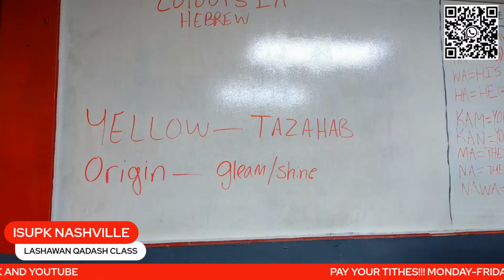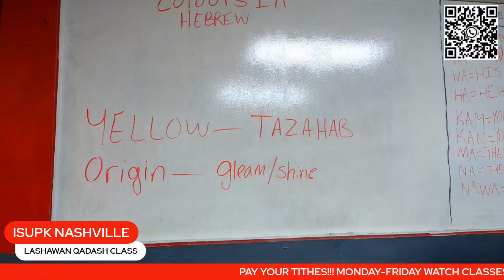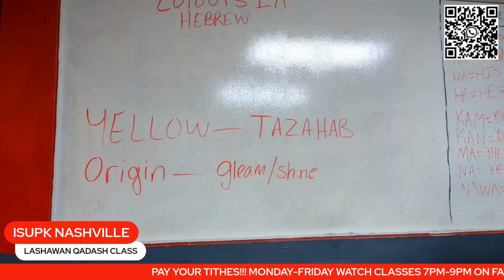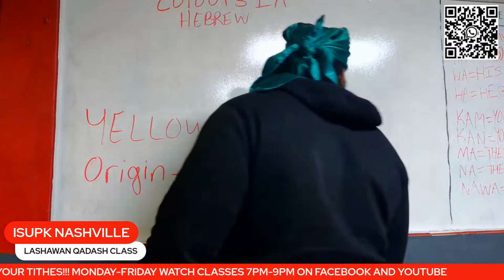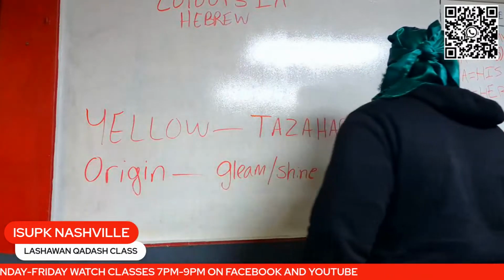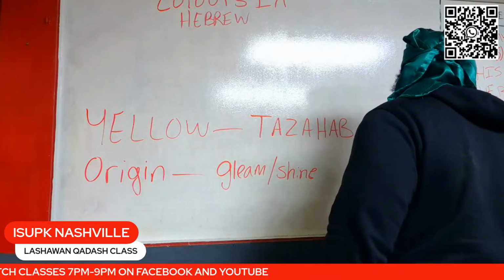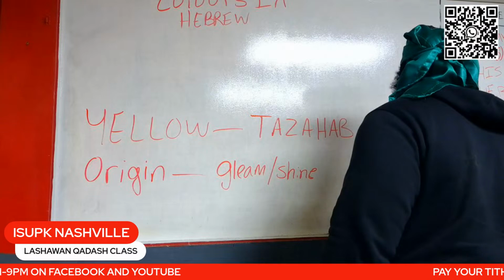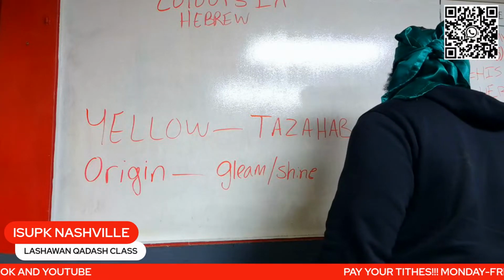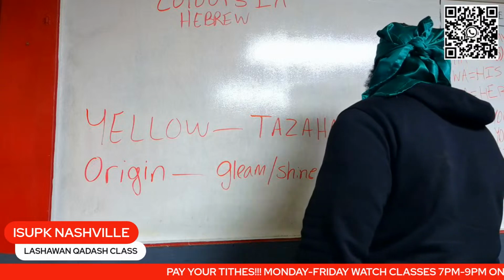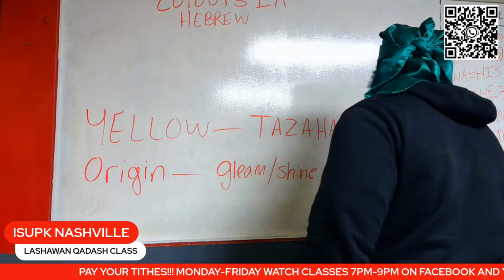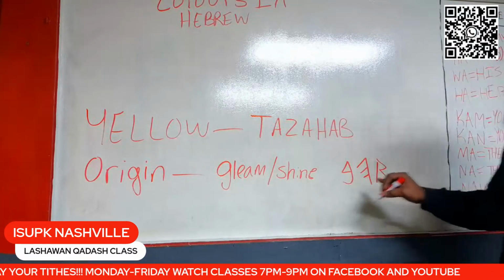How we write it out in the Lashawan Kodash is Taza, Ha, and then Ba. So that's how you write it out.